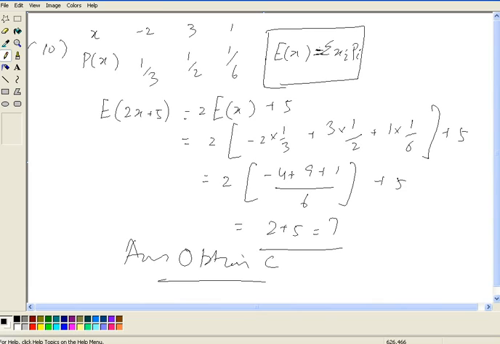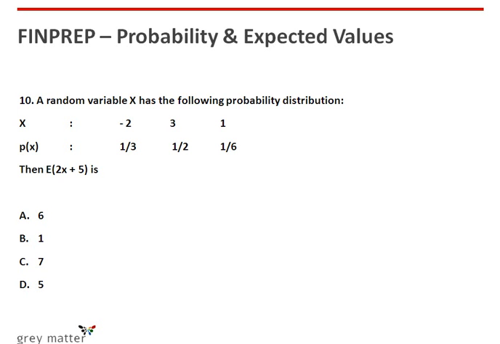On simplification, we get the answer as 7, which is nothing but option C. Going to our PowerPoint presentation, the expectation of 2x plus 5 based on the given probability distribution of the discrete random variable would be option C, which is a value of 7.